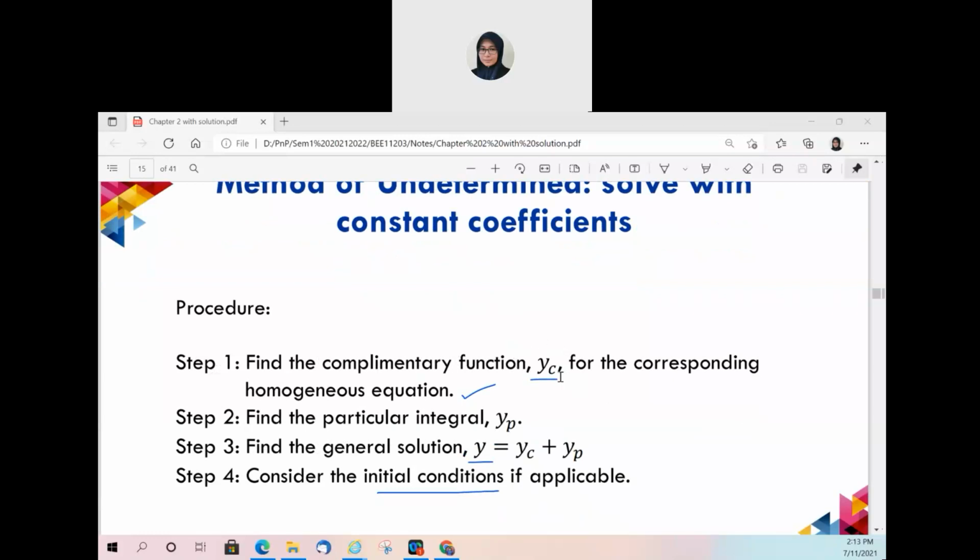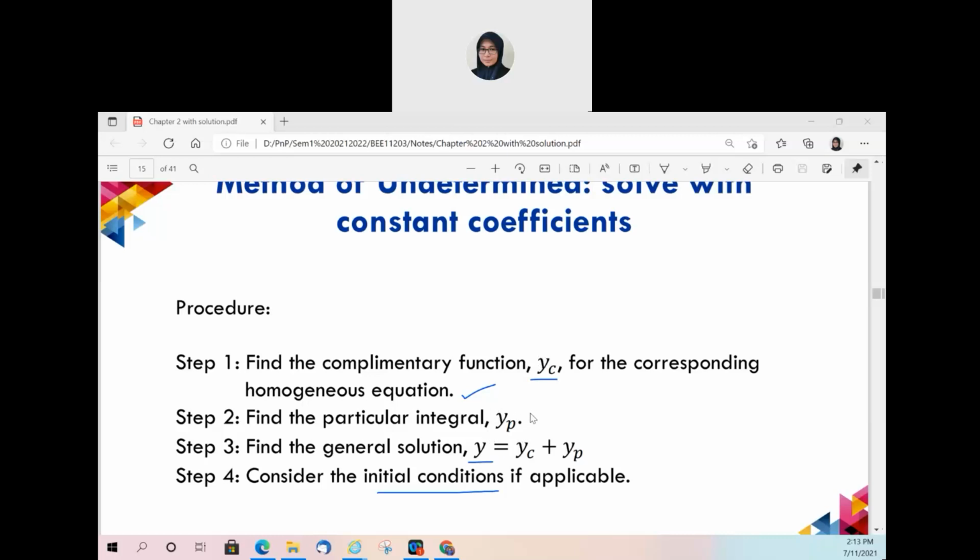You can get this yc from the corresponding homogeneous equation. That's why I said homogeneous equations also you will use to solve the non-homogeneous equations, because we want to get this yc. Once you get yc, you can find yp.